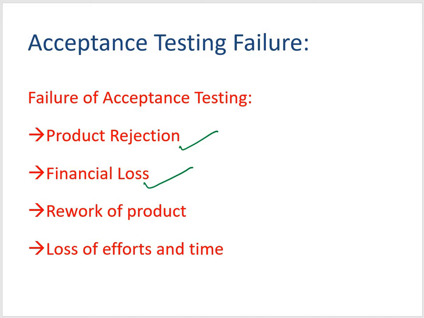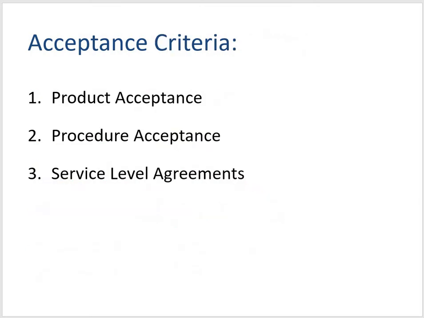That would result in your entire product rejection, and if the project gets rejected, obviously there will be financial loss. The possibility is that we need to rework on the product, and if I have to rework, then there is a loss of effort and time, so that ultimately results in financial loss only.